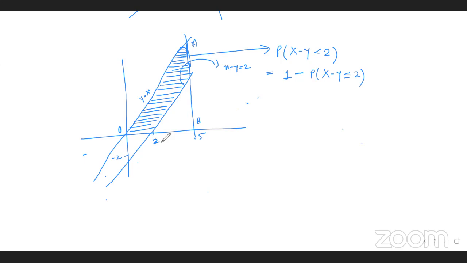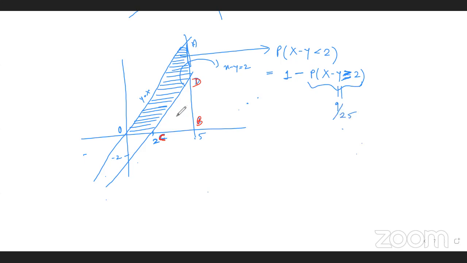Let's note it as C and D. So BCD is the new triangle. Sorry, x minus y greater than or equal to 2, right? This probability we found to be 9 upon 25.